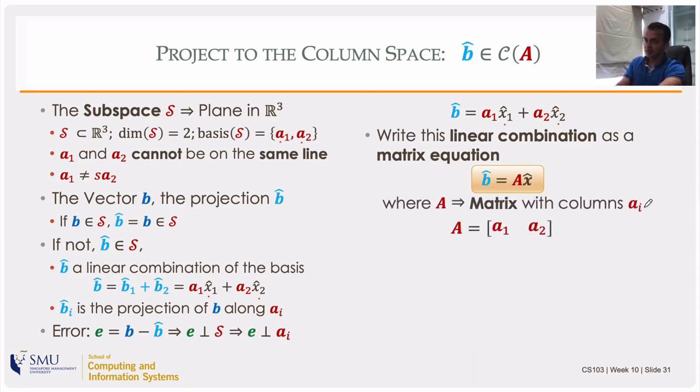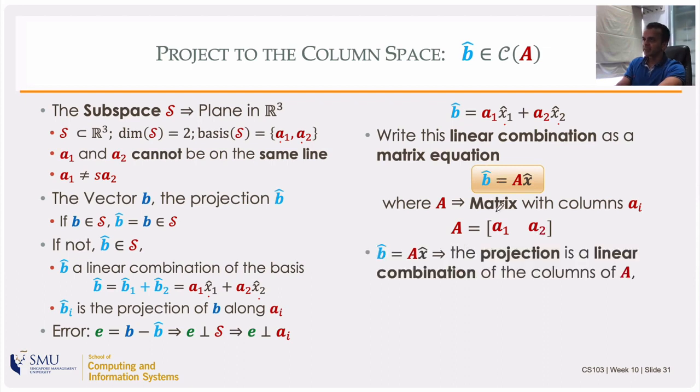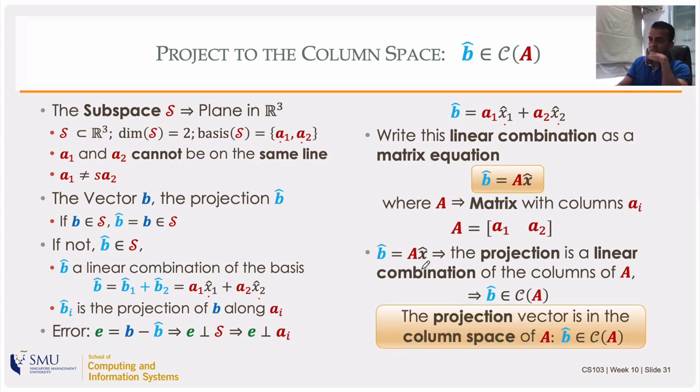So A is a matrix of the basis columns, a1 and a2 in this case, and b hat is the projection, which is a linear combination of the columns of A, because it's a linear combination of the basis vectors a1 and a2, and we just put those basis vectors in a matrix. So what that means is that b hat is one of the linear combinations of the columns of A. That means b hat will have to be in the column space of A. So the projection vector is guaranteed to be in the column space of A.